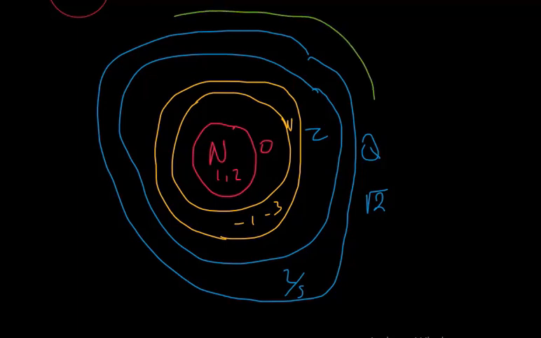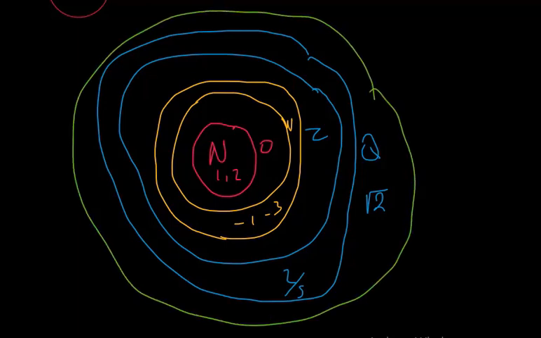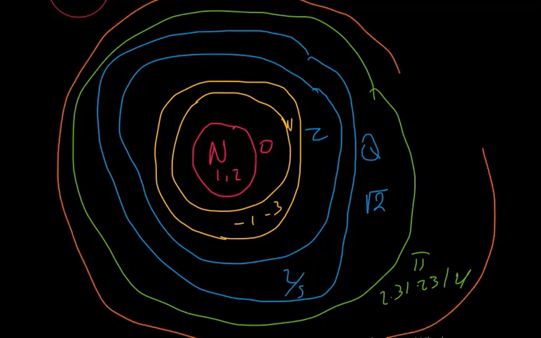So our numbers go to another type of number that includes non-terminating decimals, like 2.311..., just like pi. These numbers are included under irrational number. You see, the circle is getting bigger and bigger. Now we have irrational number.